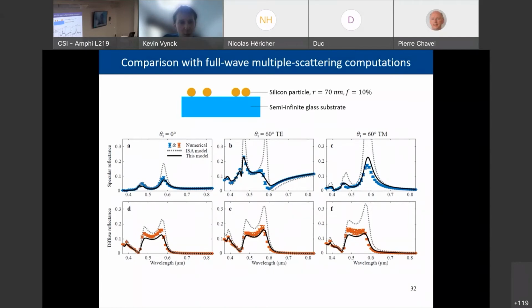So you can see that we have a very good agreement between our model in general and the numerical simulations, much better than in the independent scattering approximation. For instance, if you neglect the interaction, you can see that the reflectance is much higher at grazing angles. Actually, it can even diverge if you go near 90 degrees of incidence.